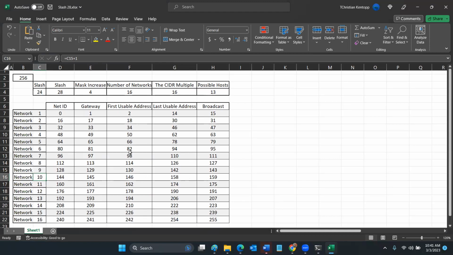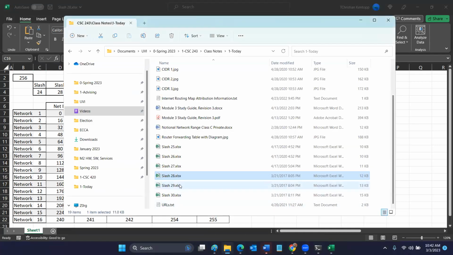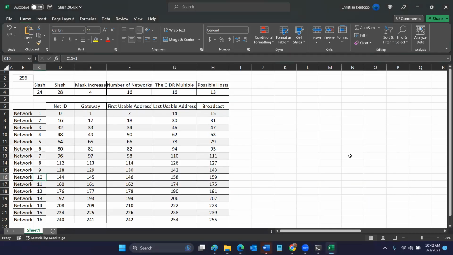You can use these templates to answer many questions about subnetting. You just open the template for the new subnet mask. If you have a /29 for a subnet mask, you open the /29. I thought I double clicked it.